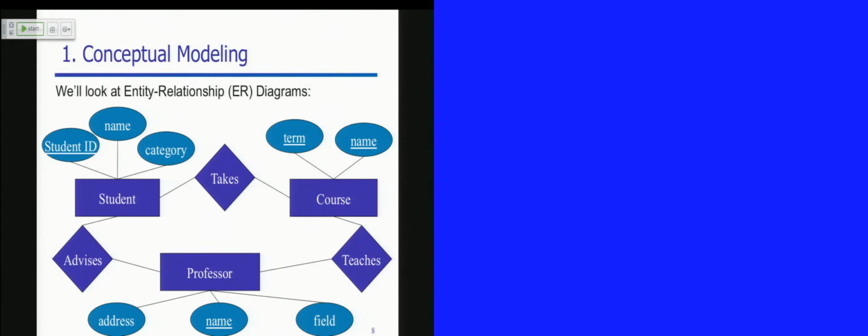This is again something that we need to think about when we're designing a database. For example, a student might relate to a professor based on the courses that they're taking. So if you're taking a course with a professor, you have a one-to-many relationship with that professor. If you're taking some courses, you might have some relationship with the courses that you're taking. And these are the sort of questions that you need to consider and answer before you get into actually designing the database. Does that answer your question?